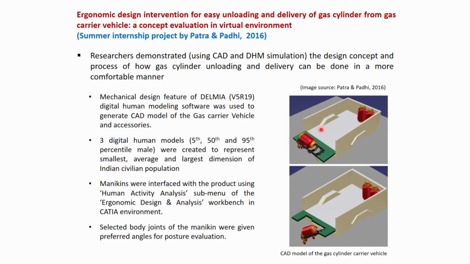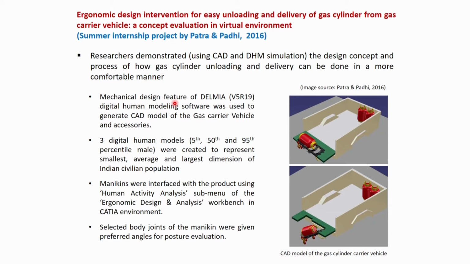So this is the gas carrier vehicle where the gas cylinders are stacked. This is the CAD model of that, and it is showing how they will bring the gas cylinder onto this particular trolley which is attached to the tailgate, and it will be lowered down.